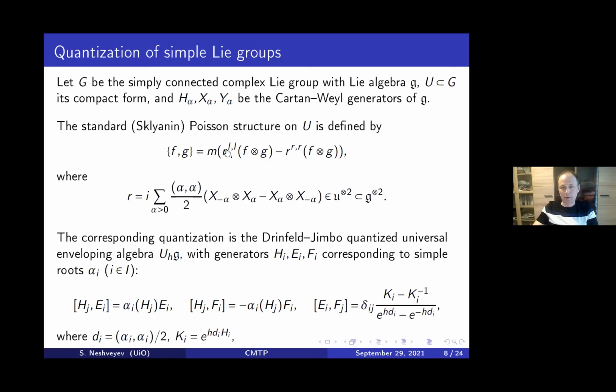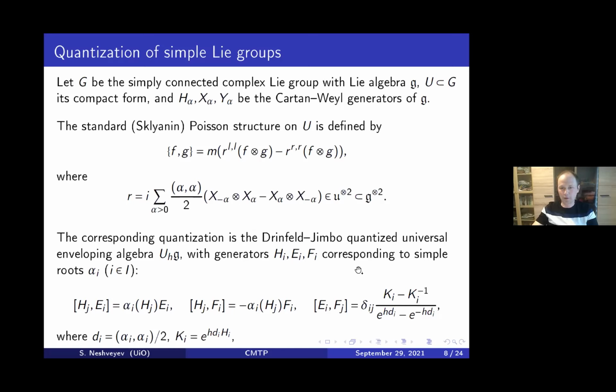And here LL means that you act on the left by right invariant vector fields, and RR means that you act on the right by left invariant vector fields. And then the quantized universal enveloping algebra of Drinfeld-Jimbo quantizes this Poisson structure.